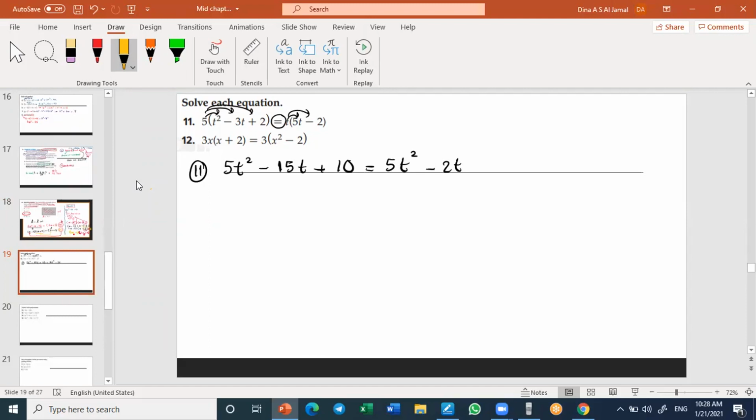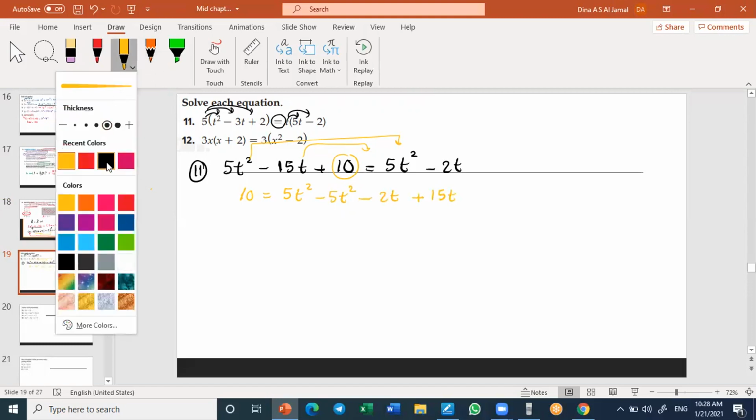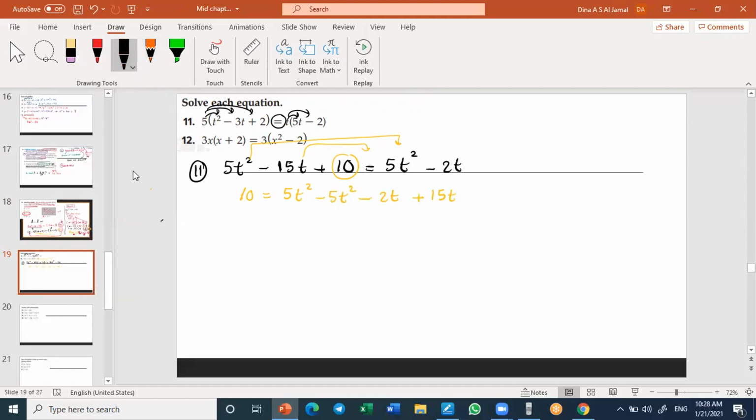So you can just keep the 10 here, and move the other variables to the other side. So 10 will be alone, 5t squared minus 5t squared, then minus 2t as it is, then plus 15t. Whenever you shift a term to the other side, just change the sign.